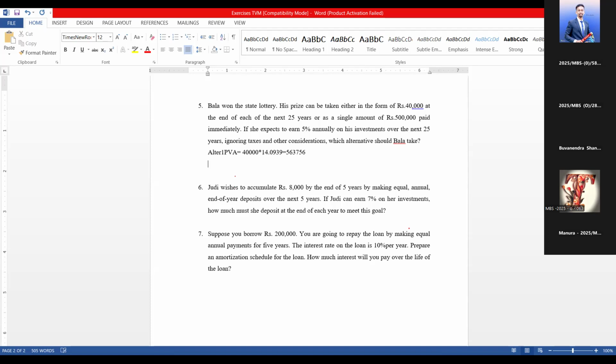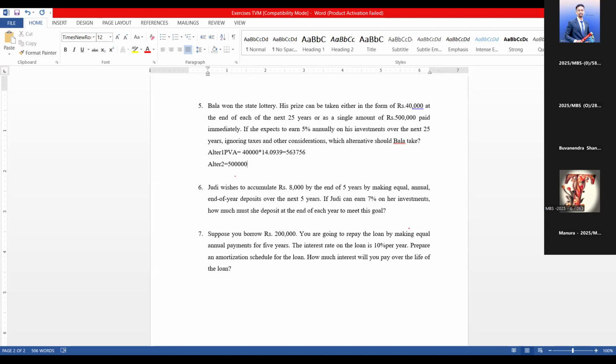But what is alternative 2? Alternative 2 is directly given in today's value, 5 lakhs. We used the present value, we calculated. Now you learned both, right? Even the other way you can do future value.